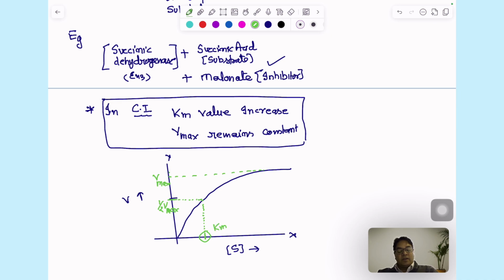So if this green color is showing the Km value without inhibitor, then with inhibitor this value will increase. So let us see how.